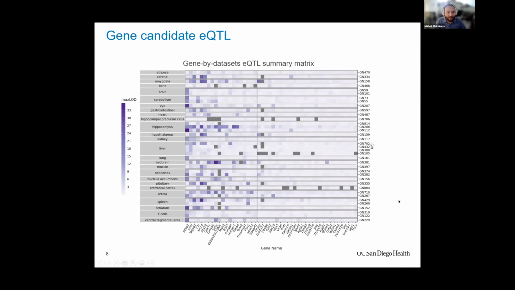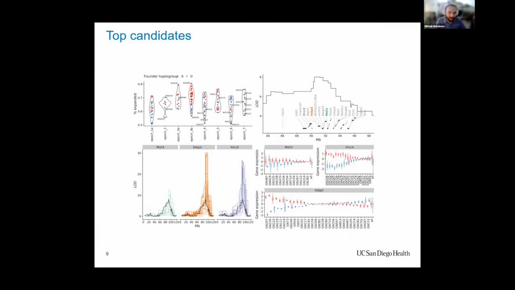One thing we did next is plot our phenotype again, color coded by founder haplogroup at the peak of the eQTL. What we see in the top left panel is that the strains carrying the B haplotype in this region tend to have a higher expansion propensity than the strains carrying the D haplotype.